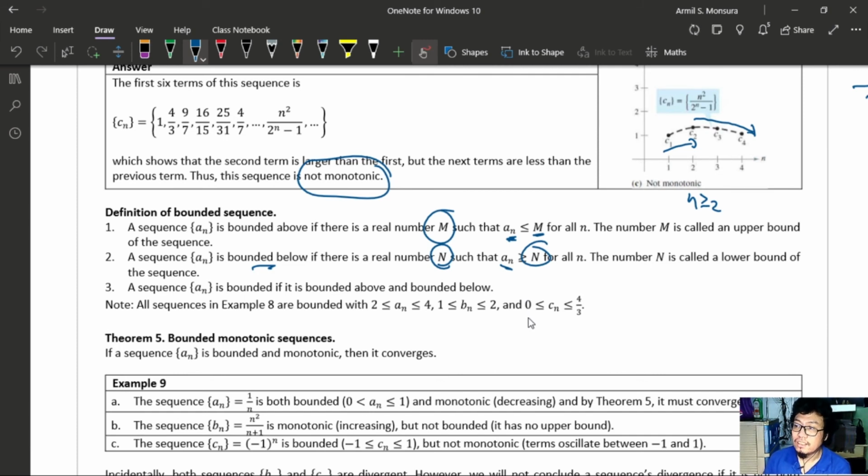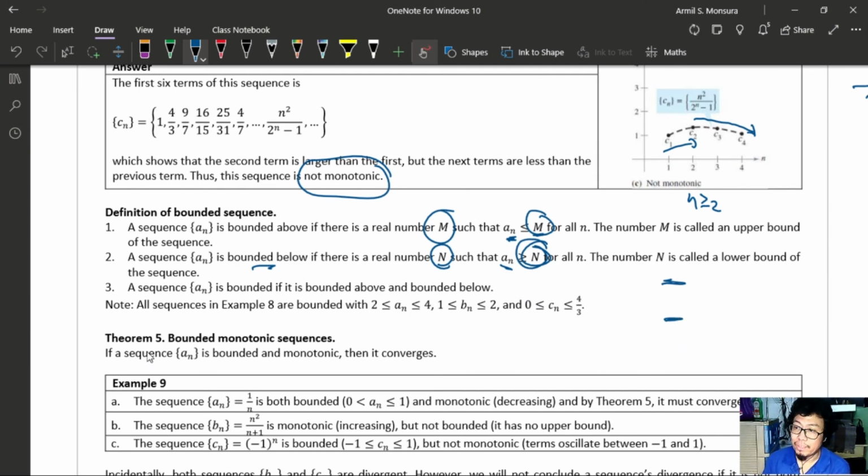Now, if m and n both exist and are both finite, then your sequence is said to be bounded. So if there is an upper boundary and a lower boundary, your sequence is said to be bounded.